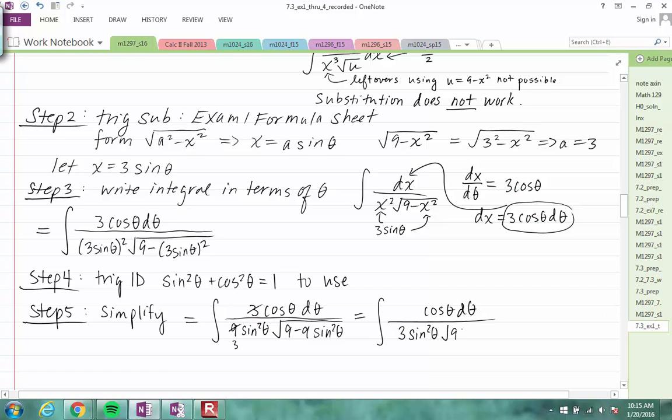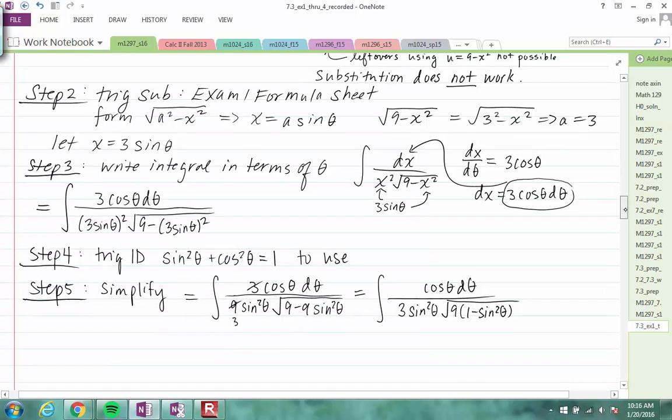So when you pull out the 9, you're left with 1 minus sine squared. Now notice with your exponent properties, because you have times over here, you can separate this into square root of 9 times square root of 1 minus sine squared, and square root of 9 is 3.